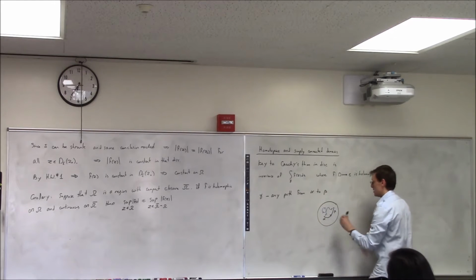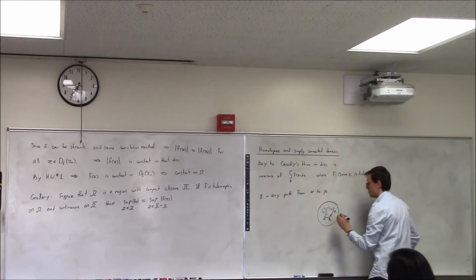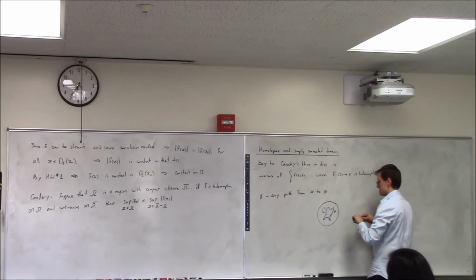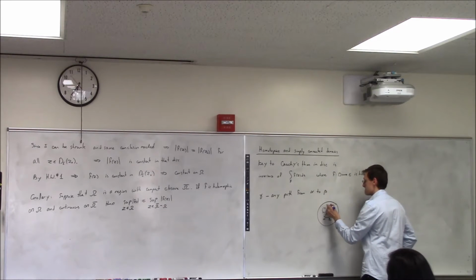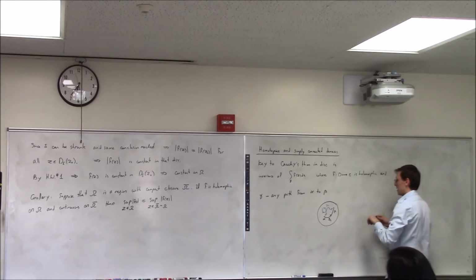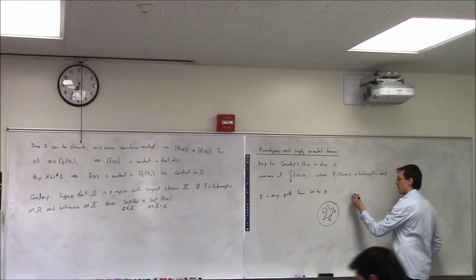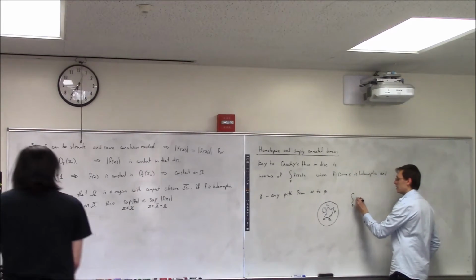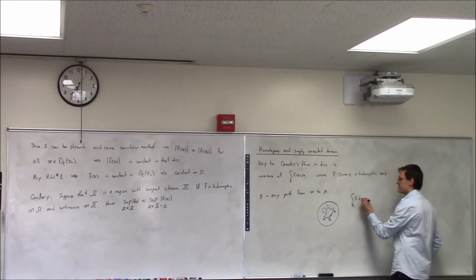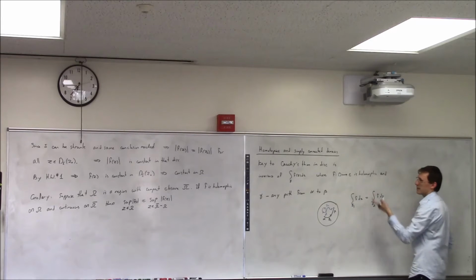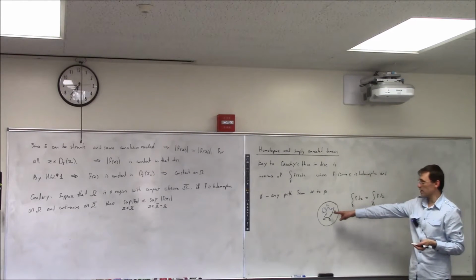So if this is gamma 1, this is gamma 2, we know that for any fixed holomorphic map f, the integral over gamma 1 of f dz is the same as the integral over gamma 2 of f dz. That's the invariance I'm talking about.